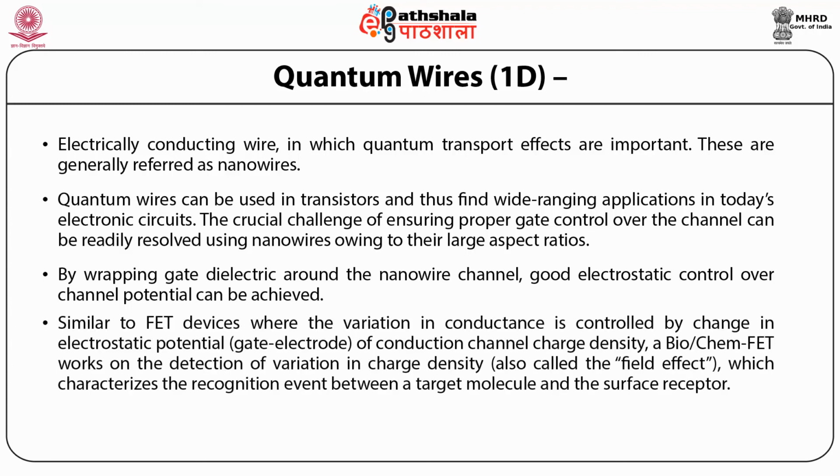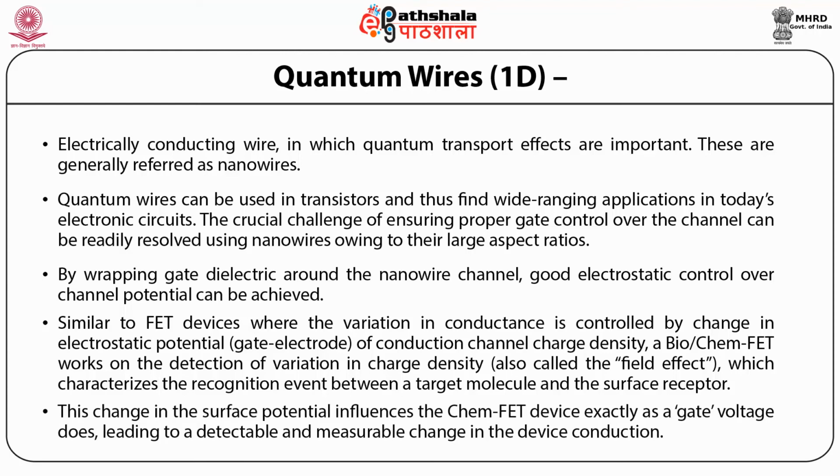Similar to FET devices, where the variation in conductance is controlled by change in electrostatic potential of the gate electrode, which changes the conduction channel charge density, a biological or chemical FET works by detecting the variation in charge density, which characterizes the recognition between a target molecule and the surface receptor.